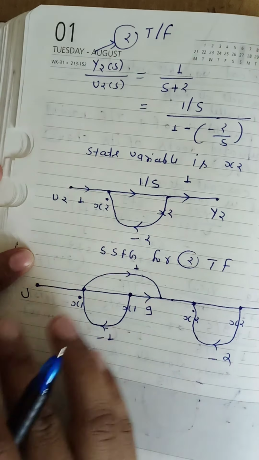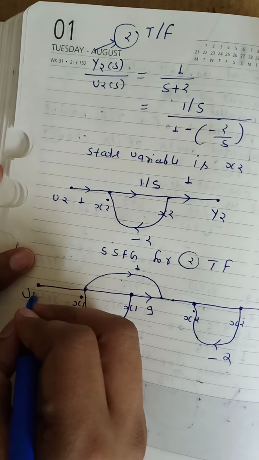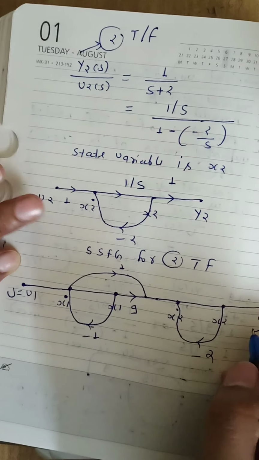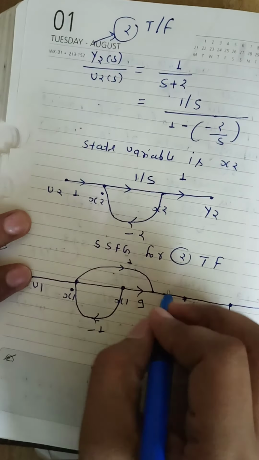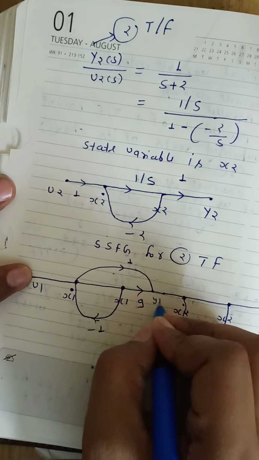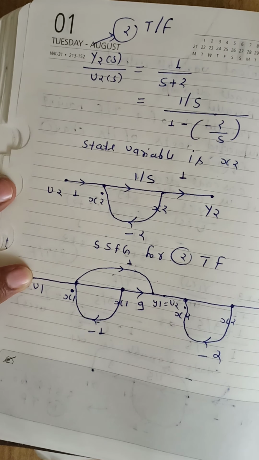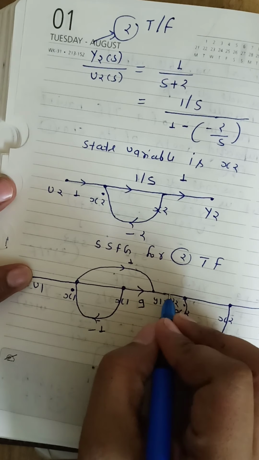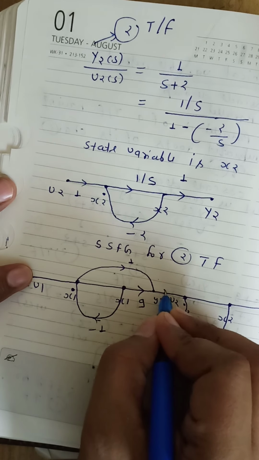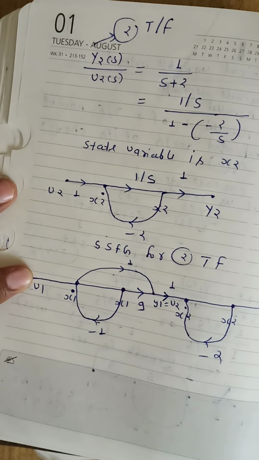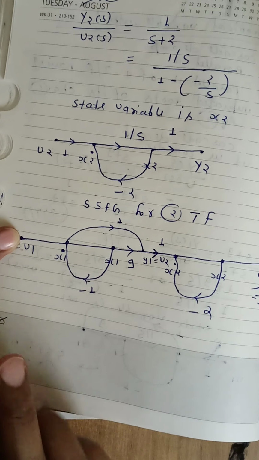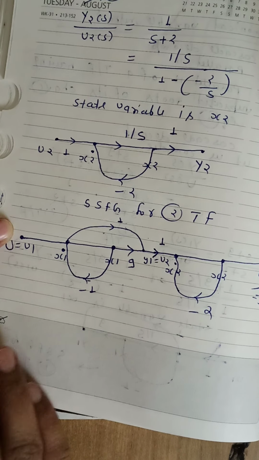So in the combined state signal flow graph, u equal to u1, y equal to y2, and y1 equal to u2. So here we have branch transmittance 1. So this is my combined state signal flow graph for the given transfer function.